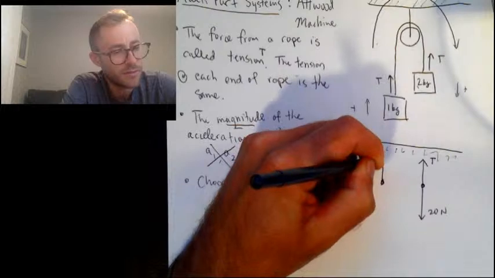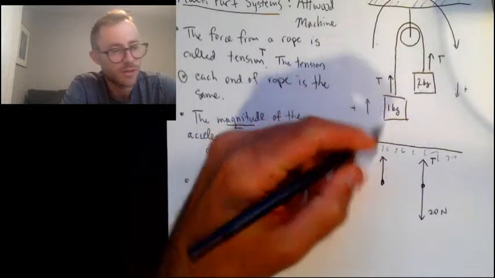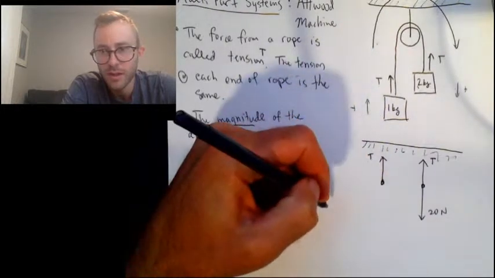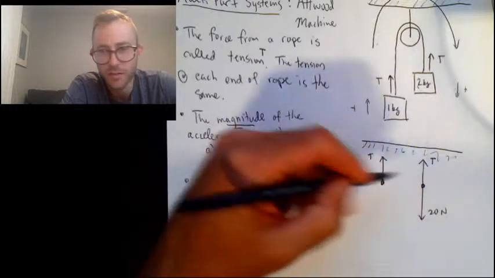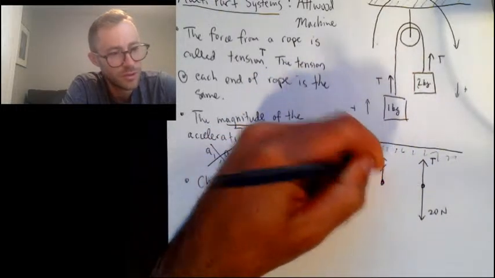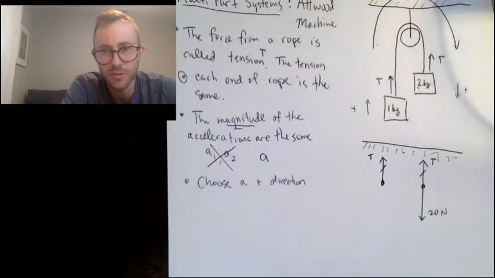Then for the 1 kilogram mass, I have a tension going upward. These two tensions should have the same size because the tension at one end of the rope is the same as the tension at the other end of the rope.